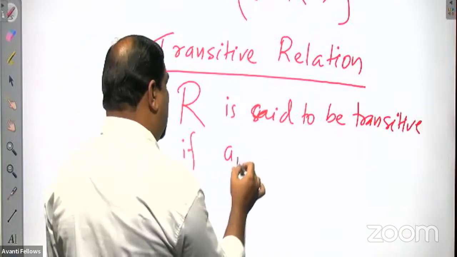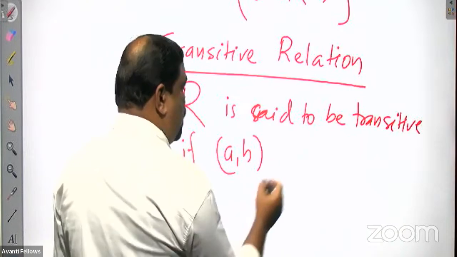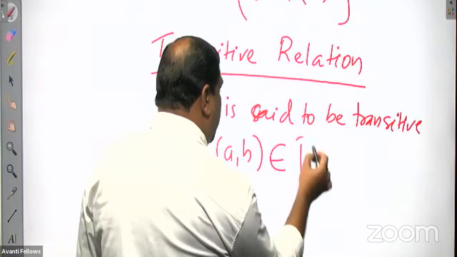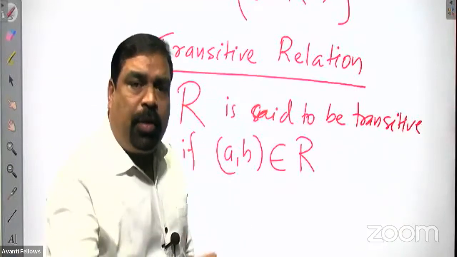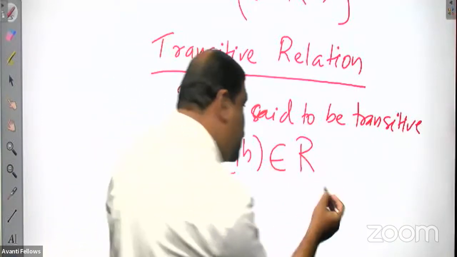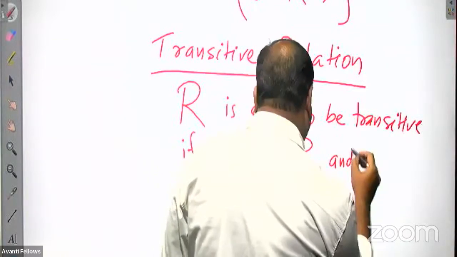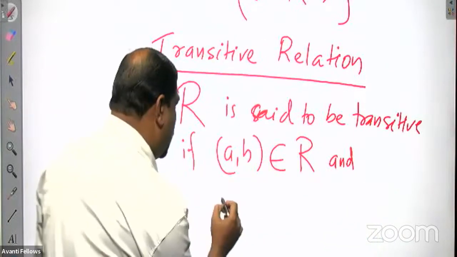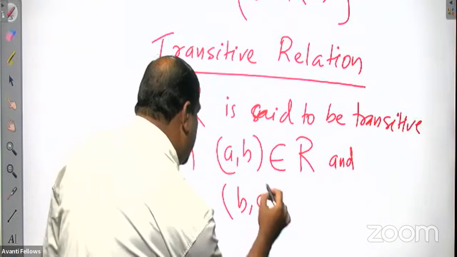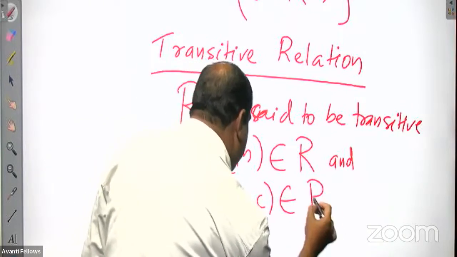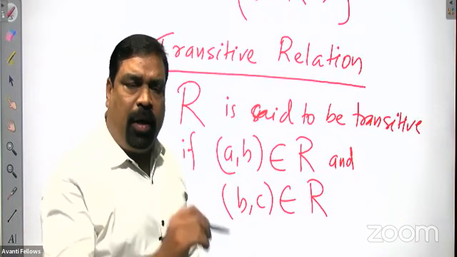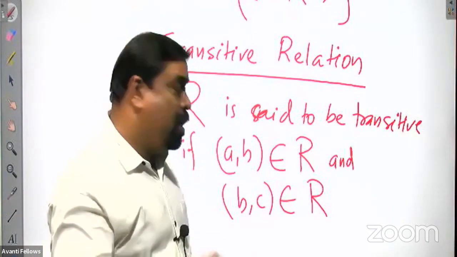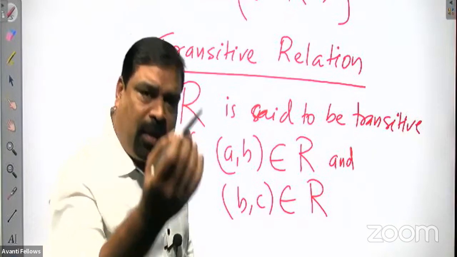Just recalling: suppose (A, B) belongs to the relation, A is related to B, and also (B, C) is in the relation.